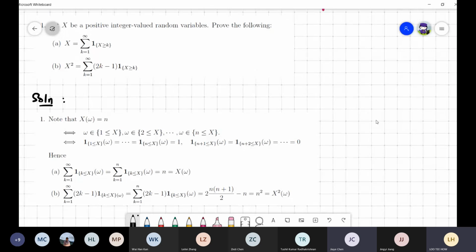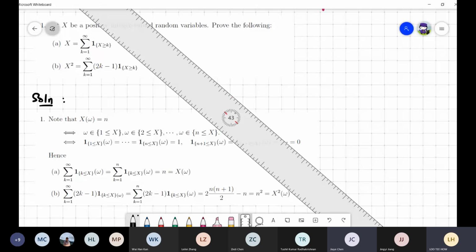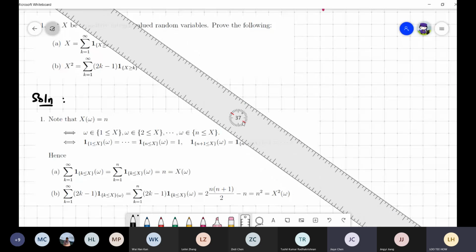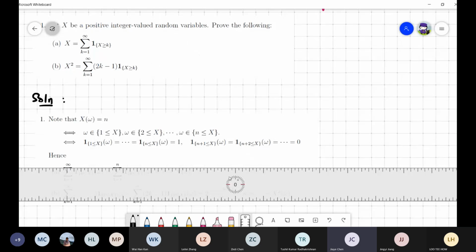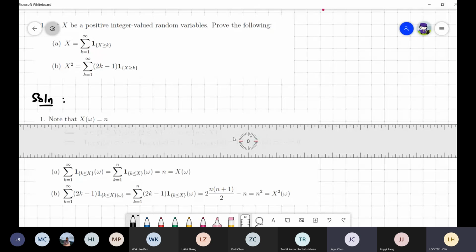First of all, for question 1, we just need to verify that X is equal to this, substituting the indicator function corresponding to the set A greater or equal to k. I'll go through it step by step; I hope this will be clear. We verify each omega in the domain.